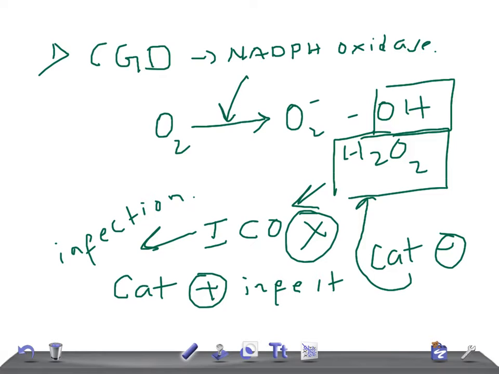And along with this, it reacts with chlorine in the presence of the enzyme known as myeloperoxidase, and forms hypochlorite, and that hypochlorite is very dangerous and kills the intracellular organism. That's it. That's why these patients will have catalase positive infections repeatedly.